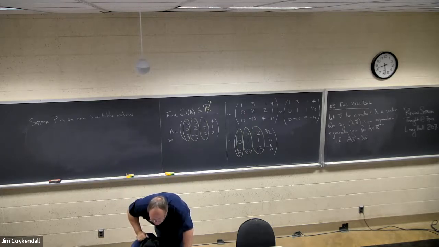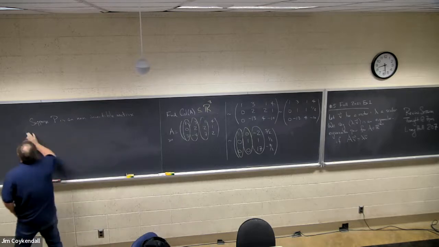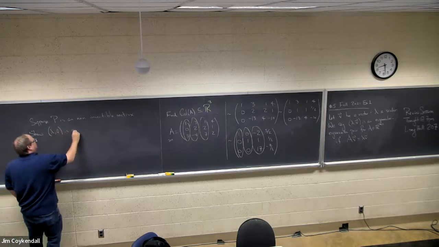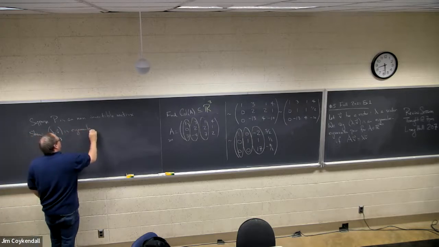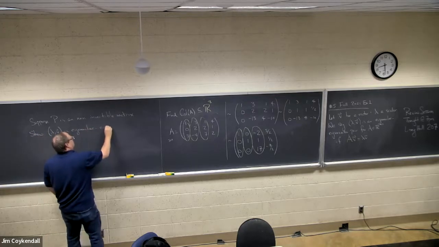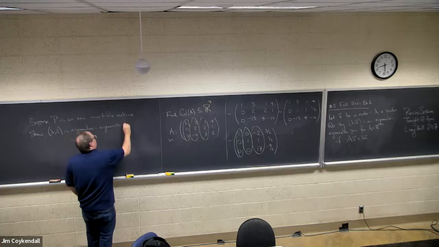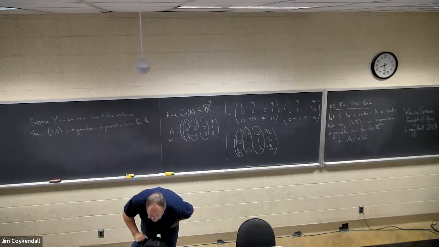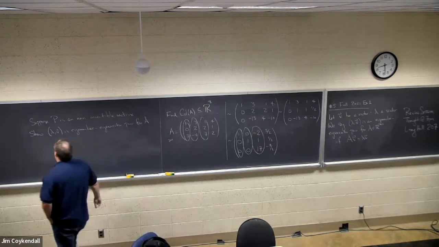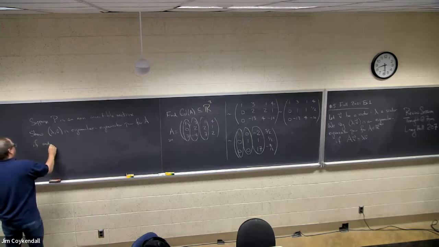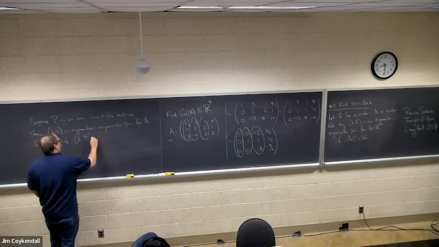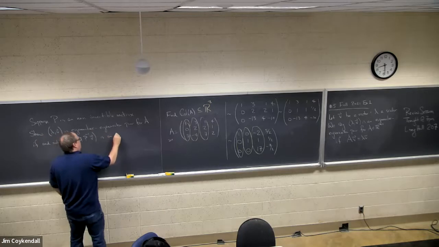Show that lambda, V is an eigenvalue-eigenvector pair for A if and only if lambda, P inverse V is an eigenvalue-eigenvector pair.